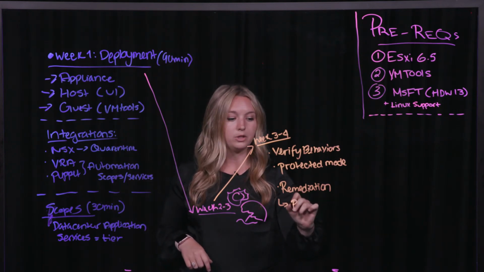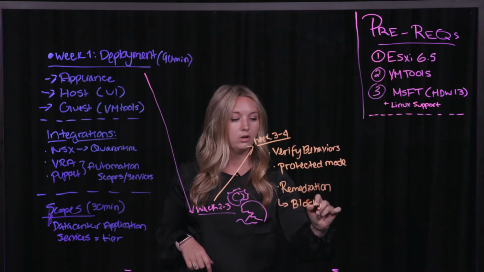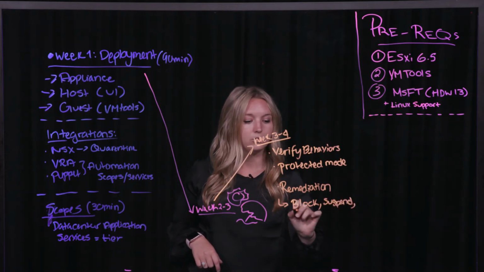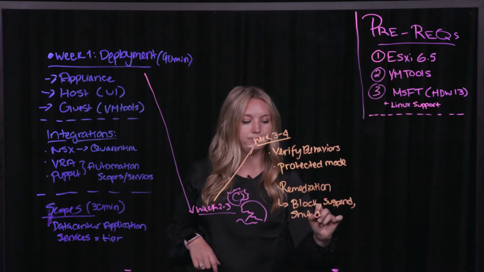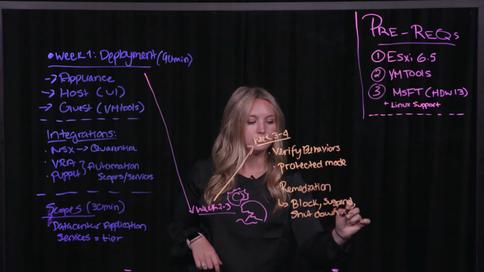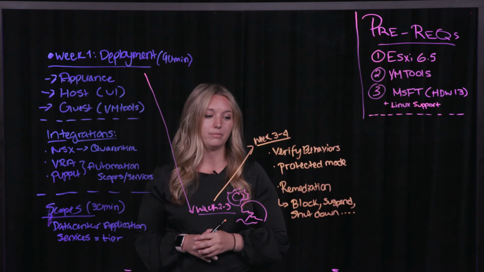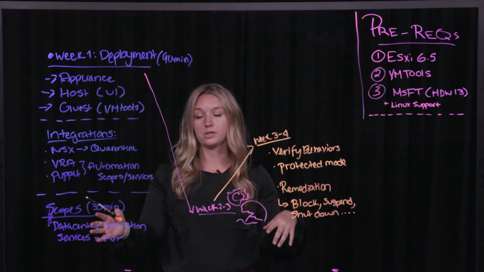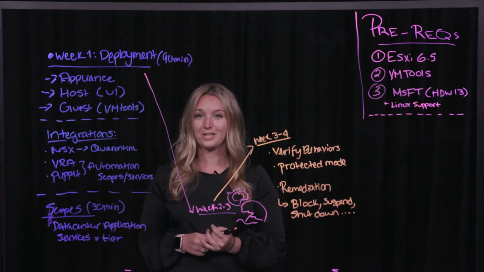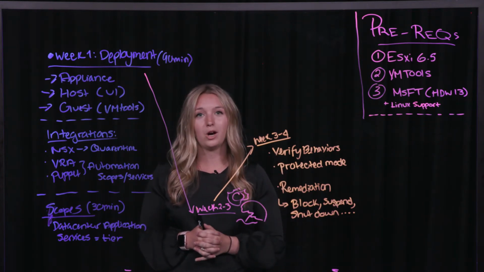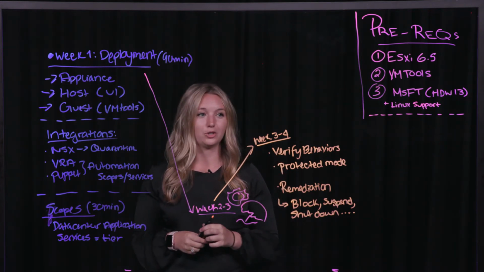It also can just be to block that behavior, suspend the VM, shut down, etc. We do have best practices around how to, first of all, set up your scopes and then pick the best remediation process for that. But essentially, you'll have a few options to protect your application.